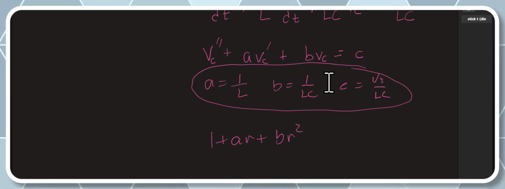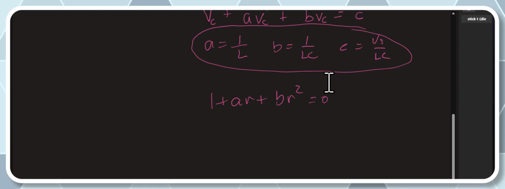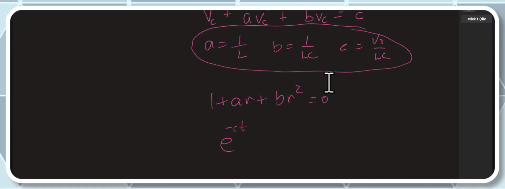It doesn't matter if you remember, because you're not going to have to solve it that way here. Equals 0, and then you find out what the roots are, and if you have real roots, then you have solutions in the form of e to the minus ct, and if you have complex roots, you have a sine and a cosine.